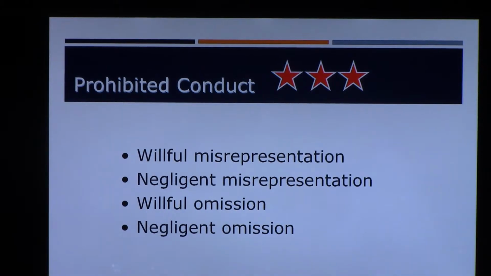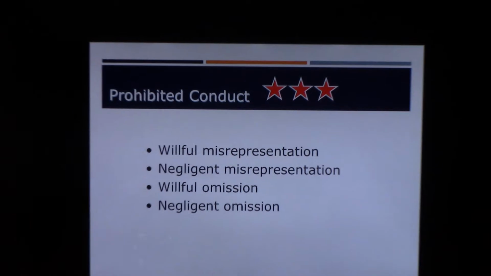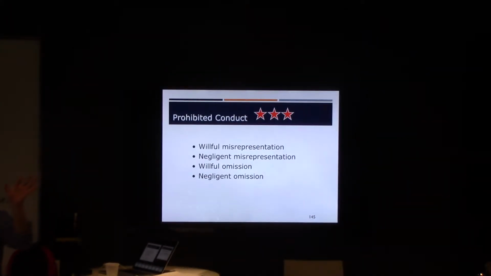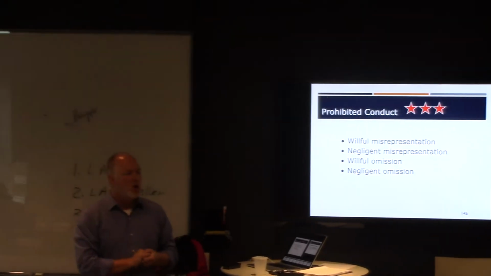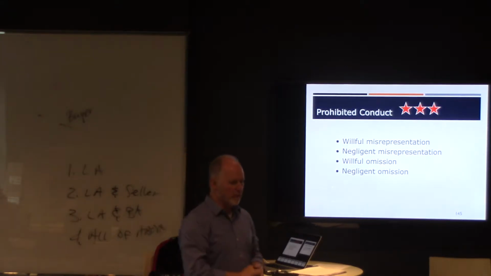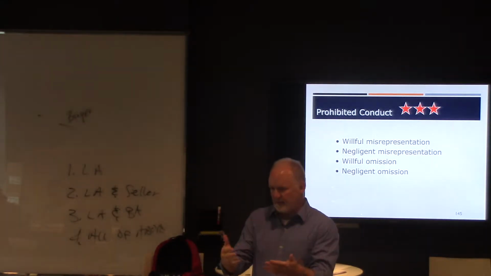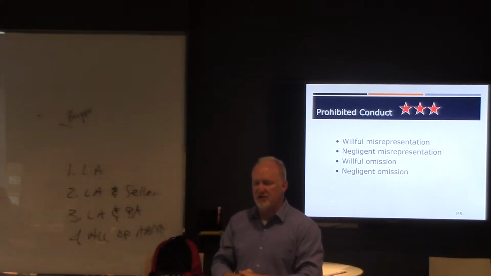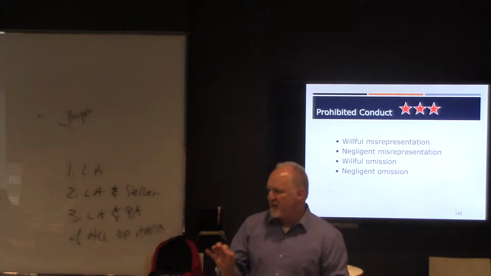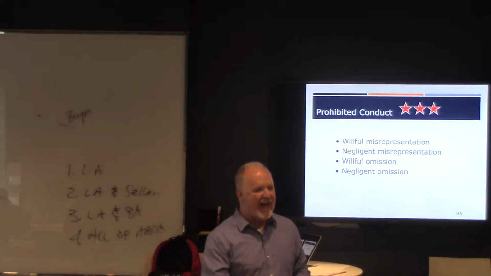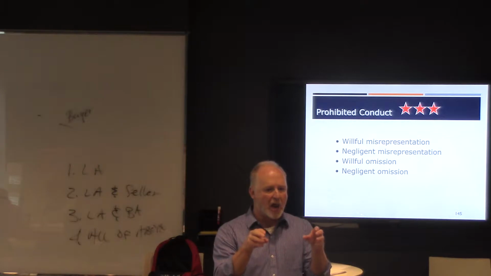The first, well, let me give you a couple of words. And here's the way I want you to think of the following words. I know this is not necessarily the exact definition of these words, but this is the way I want you to think of the words. Willful versus negligent. When you think of the word willful, obviously it means intentional, right? But what I want you to think about is an agent having actual knowledge.